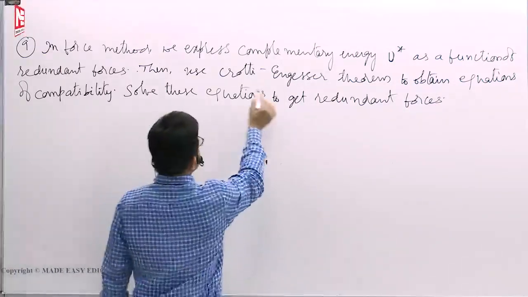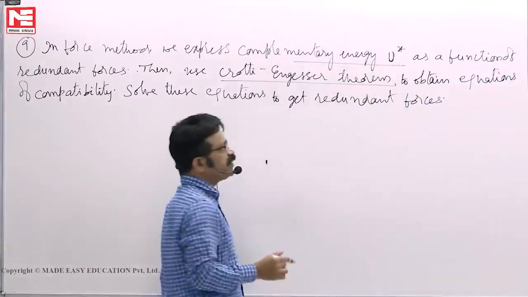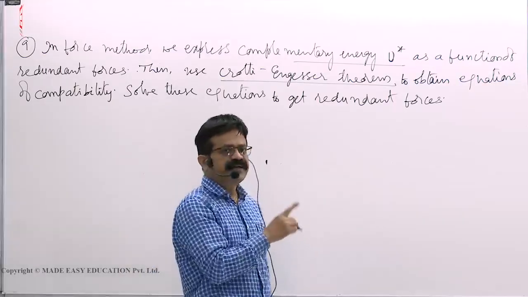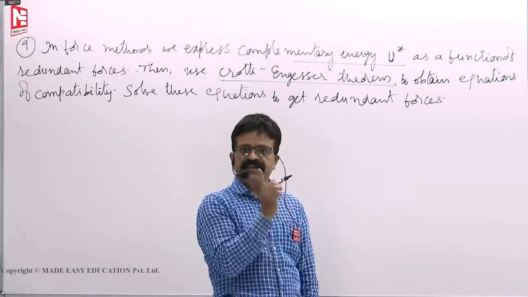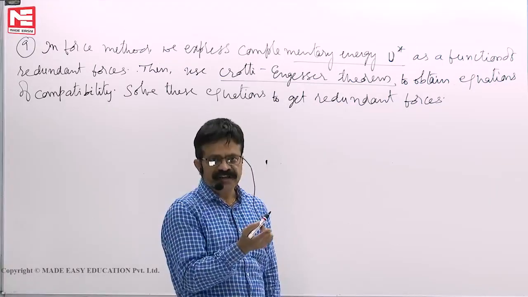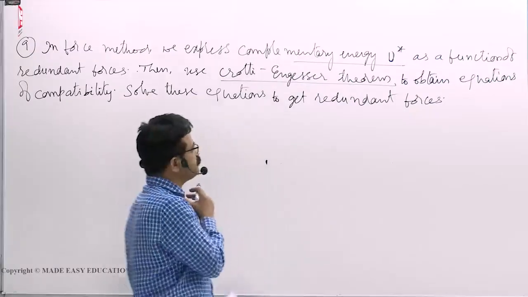This Crotty-Engesser theorem and complementary energy, you can apply this energy theorem for linear and non-linear elastic structures. That non-linear must be material non-linearity only. Geometric non-linear structures, you cannot apply this principle.